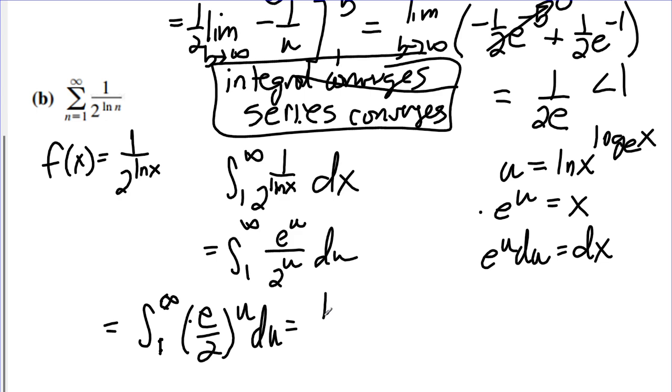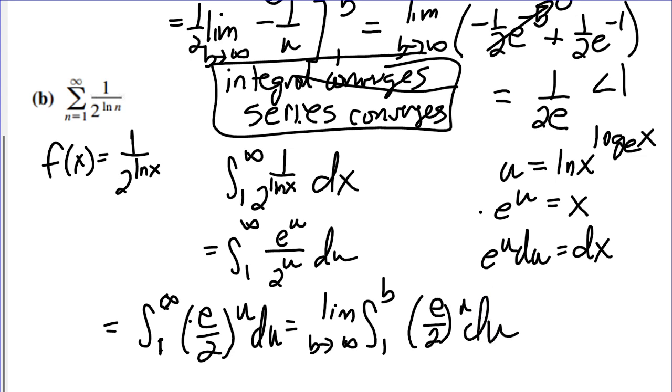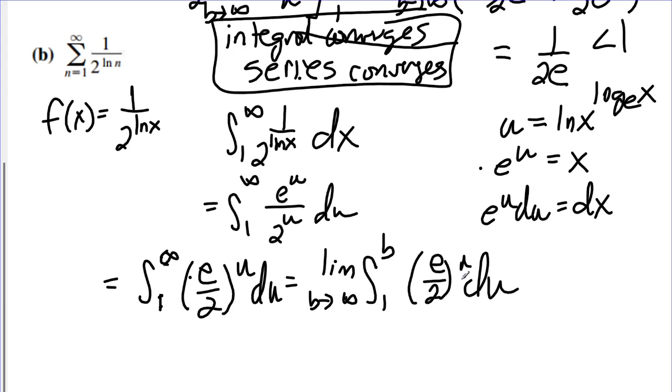Now we can use our improper integral, so the limit as b goes to infinity from 1 to b of e over 2 to the u du. For that, we need to use our integral for a power function, and that's going to be then the limit as b goes to infinity of 1 over ln of e over 2. Again, that's just a constant.